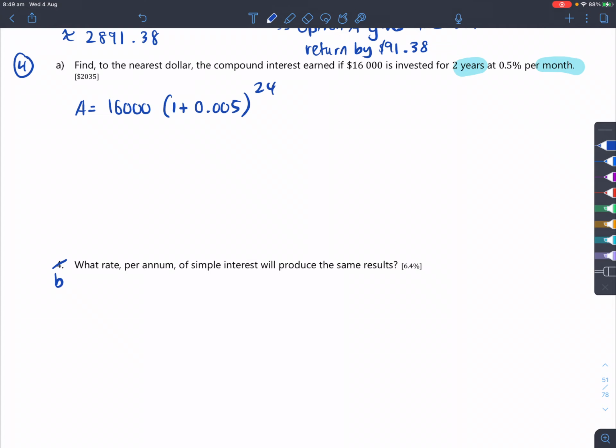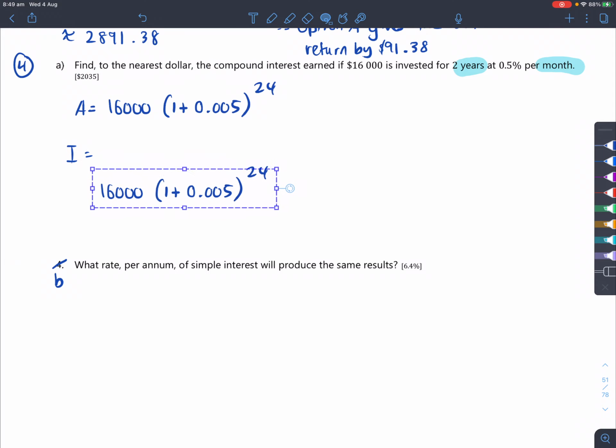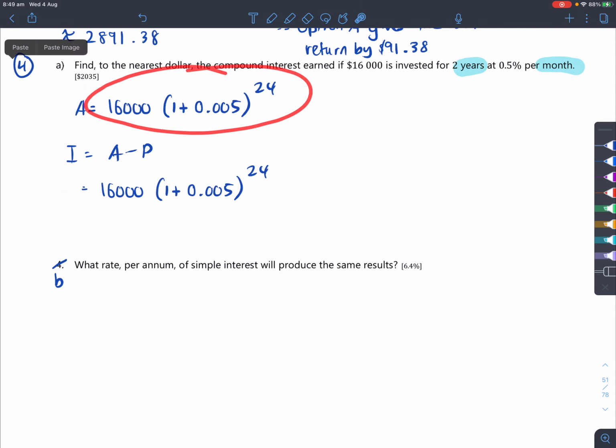If I wanted to do this straight away, I just type it once. My interest is basically just that amount. I'm going to write A minus P, the final amount minus the principal of 16,000. You can actually do this first if you wanted to.